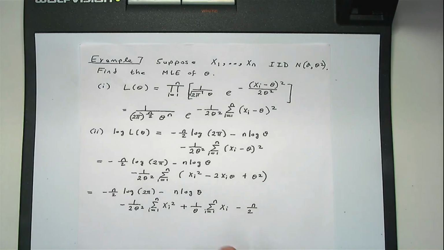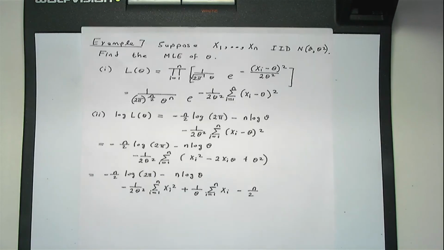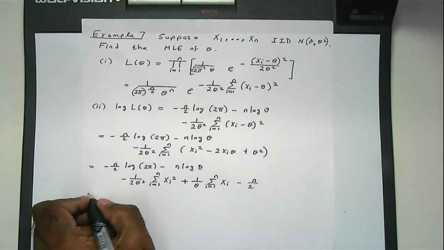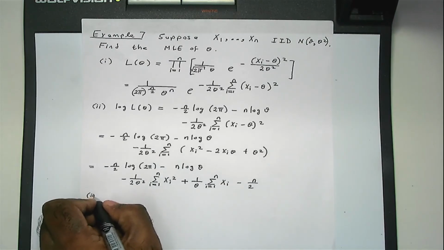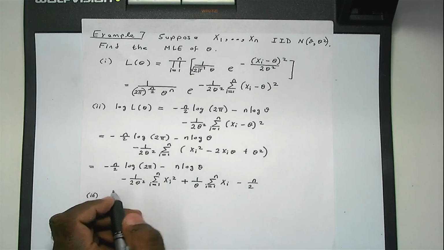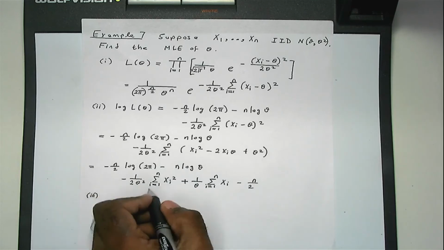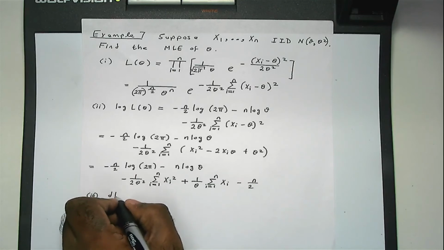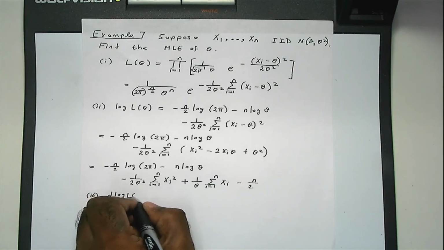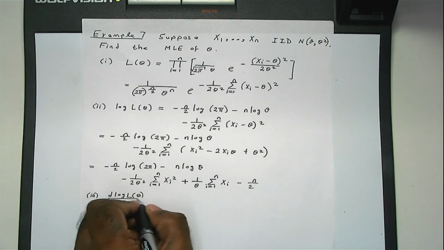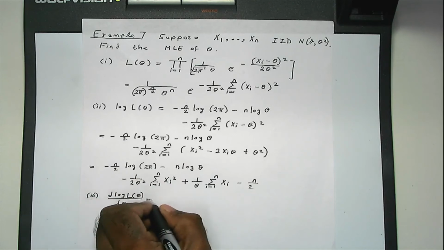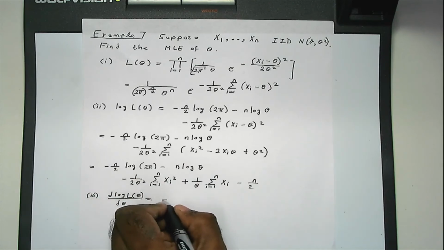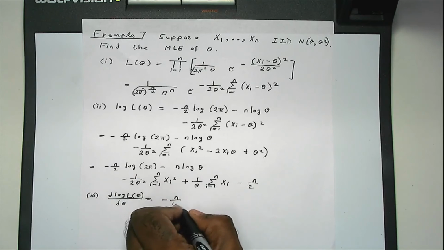Okay, now step 3, we're going to take the derivative of this with respect to theta. So let's do that. So it's minus n over theta, the derivative of this.